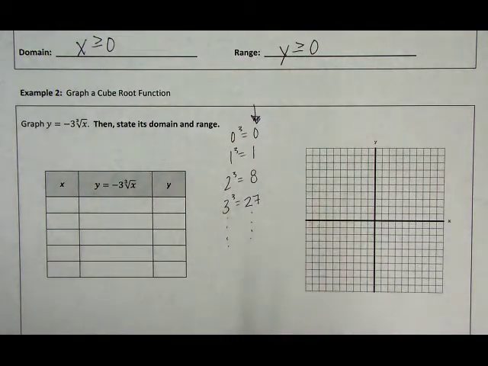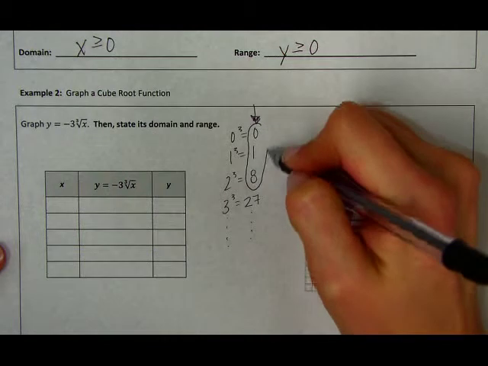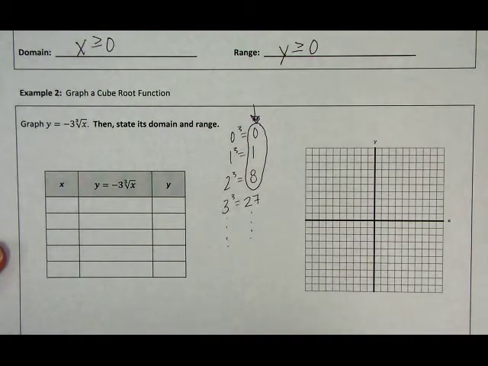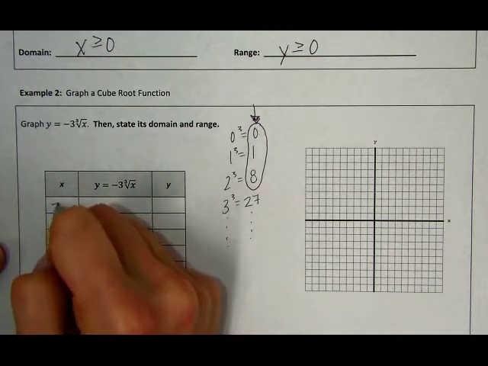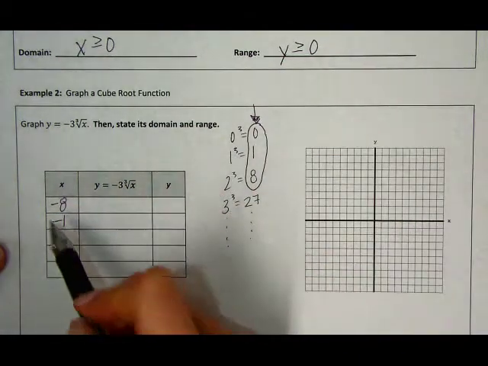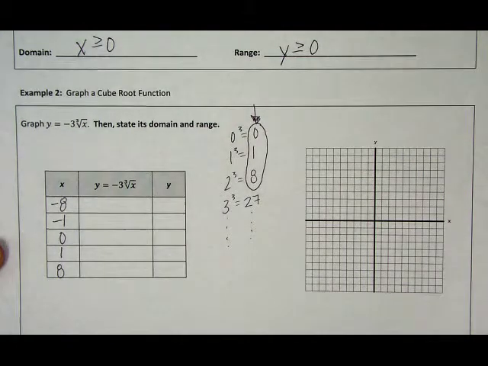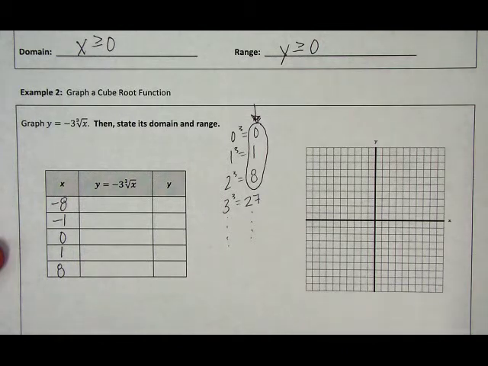On the left-hand side I'm going to pick -8, -1, 0, and then the same values in the positive form. Those are the numbers I'm going to plug into my equation to get values out for y so I can plot them on my graph.